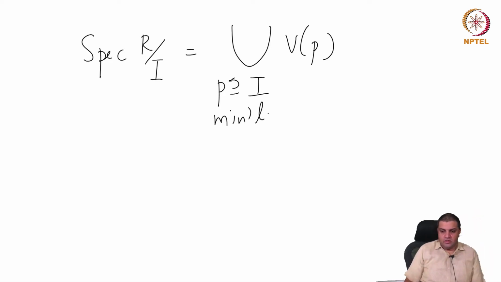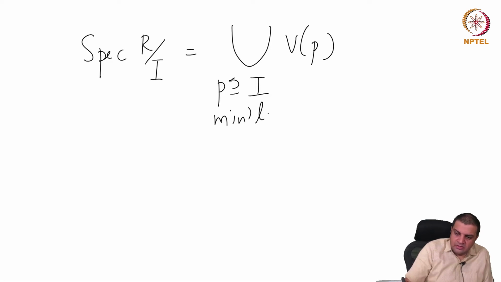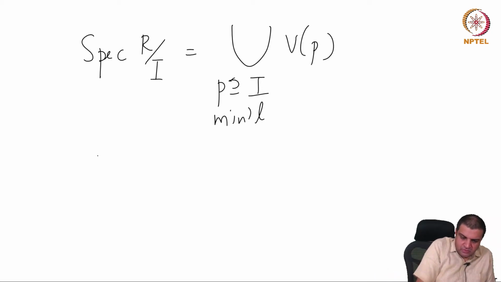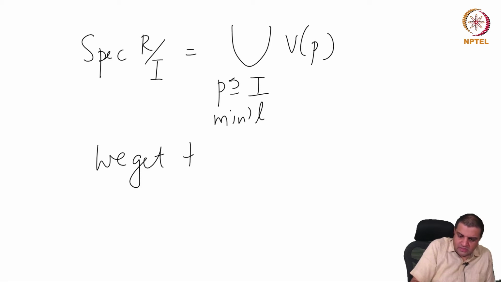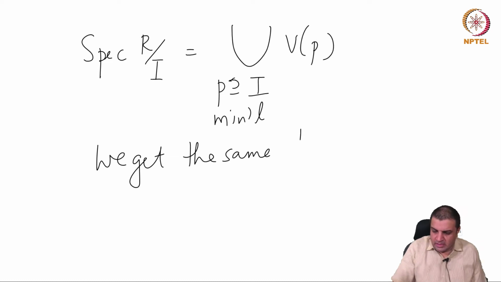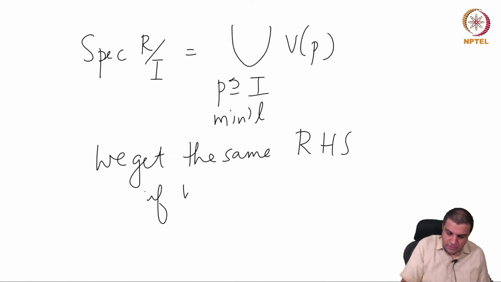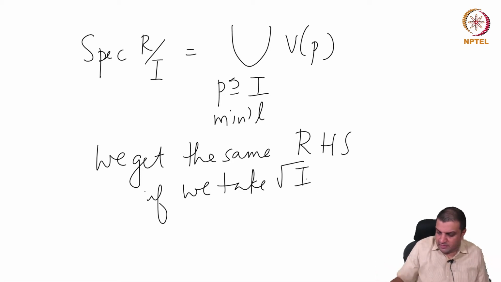And this is independent of whether you take I or the radical of I. So we get the same right-hand side if we take the radical of I instead of I.